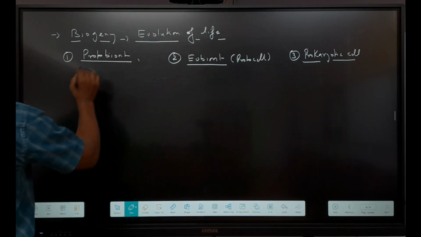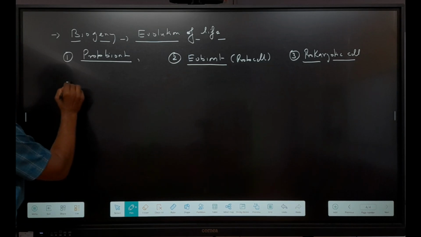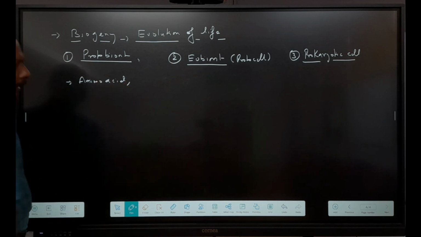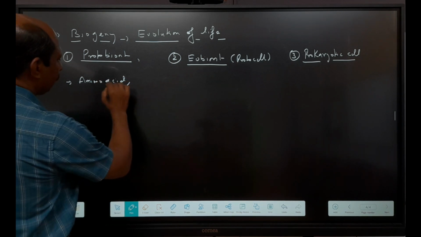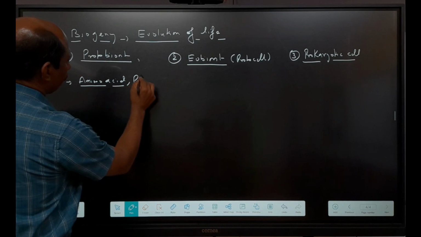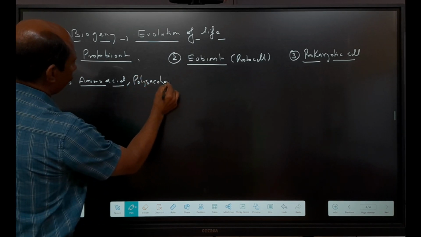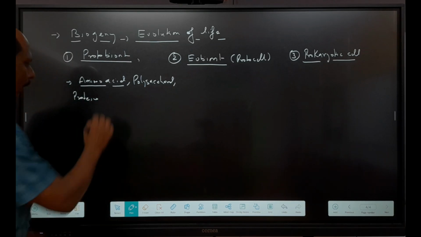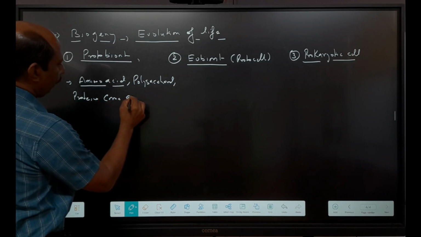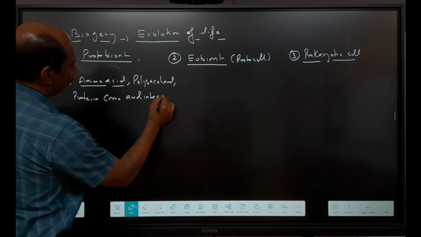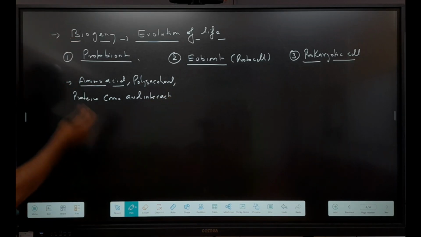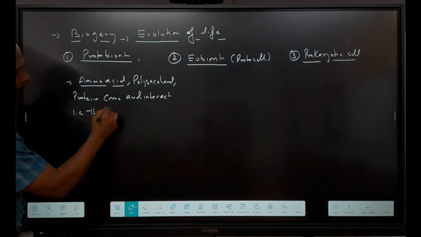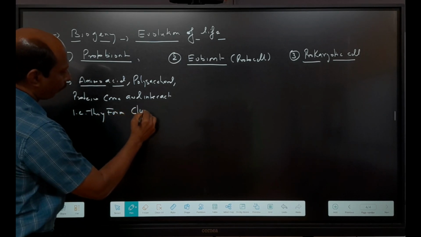In protobiont, these complex organic substances, which may be amino acids, polysaccharides, or proteins, come and interact, and they form a cluster.